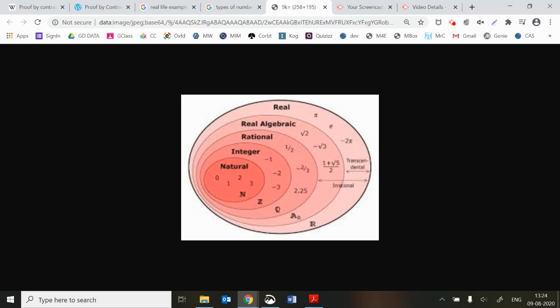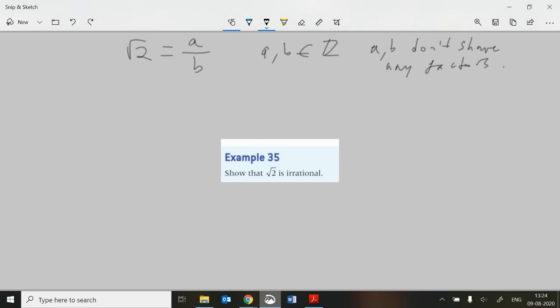So things like solutions to quadratics or cubics would give you real algebraic numbers, but you wouldn't get out pi or e from polynomials set up with integer coefficients. Okay, so a little diversion there.